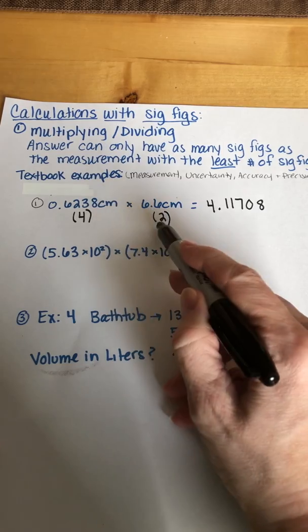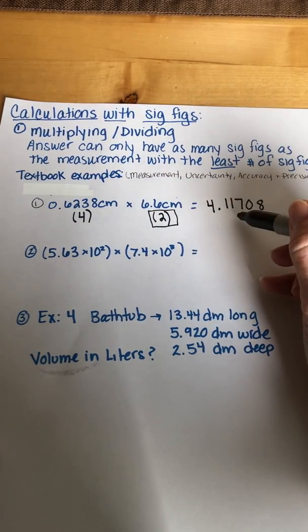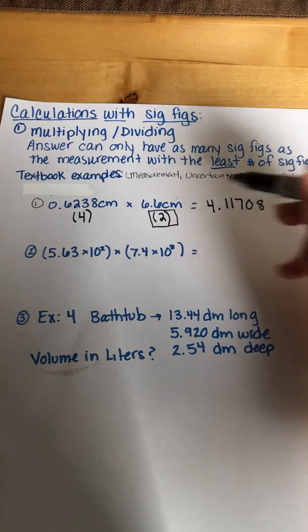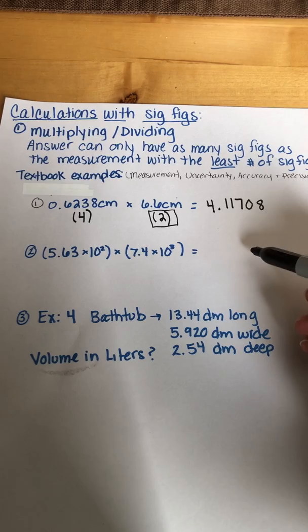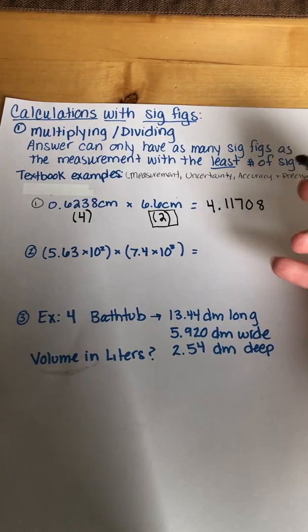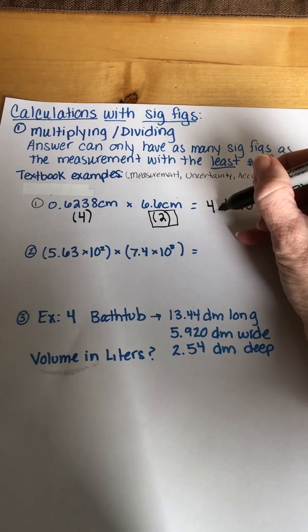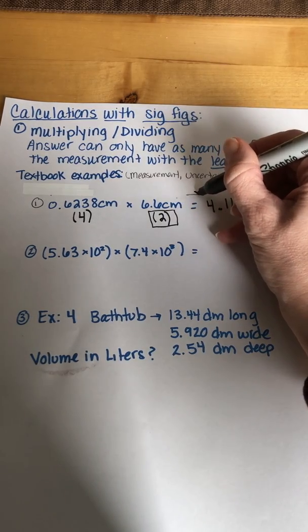If I'm comparing 4 and 2, 2 is the least number, so my final answer has to be rounded to 2 sig figs. And this has way more than 2 sig figs. So how do I round to 2 sig figs? Well, we have to use our sig fig rules. In this number, since a decimal point is present, I'm going to start counting those 2 sig figs from the Pacific side of the number.